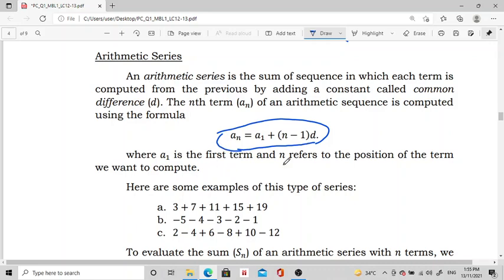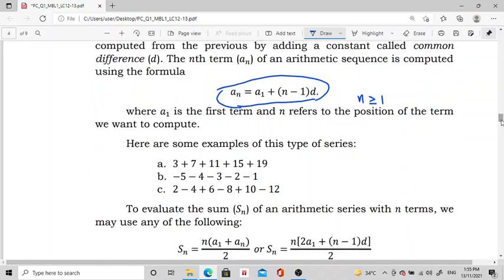And in this formula, a sub 1 refers to the first term, while n refers to the position of the term that we want to compute. And of course, the positions start at 1. So, sinabi nating positions, we start at 1. And then followed by 2, 3, 4, and so on. So here are some examples.